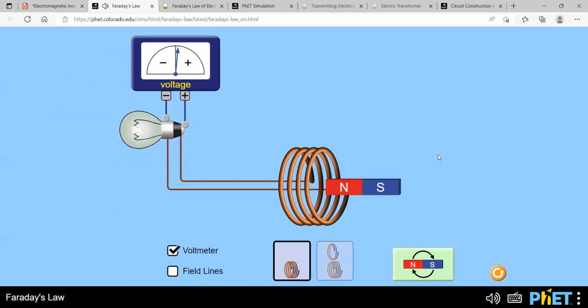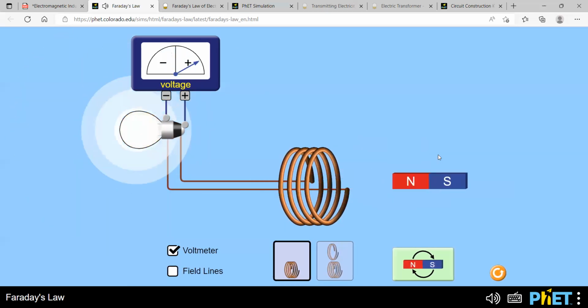So you see that. This tells us that if there is a change in magnetic field in this coil, there is some induced EMF here. The change in magnetic field in the coil induces some electromotive force or voltage in the circuit.